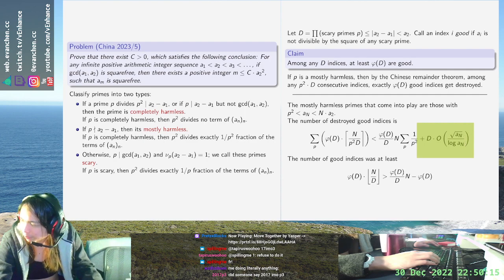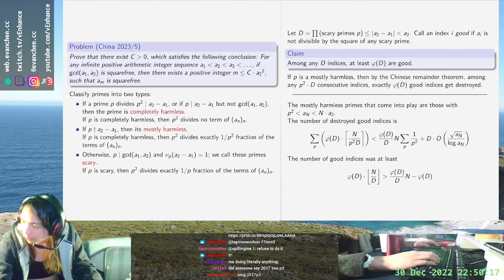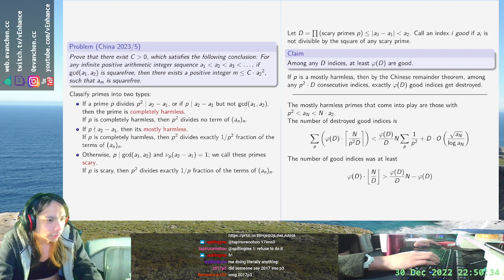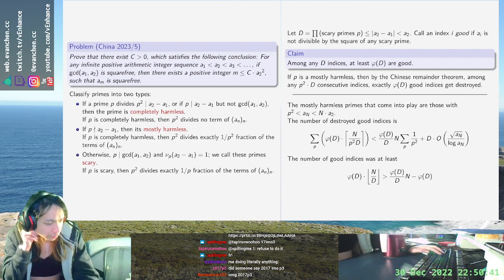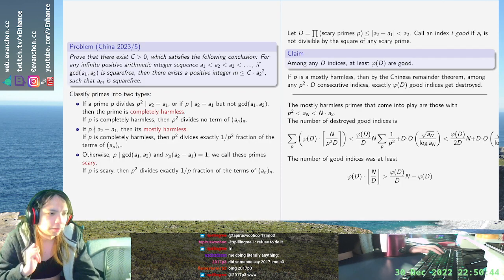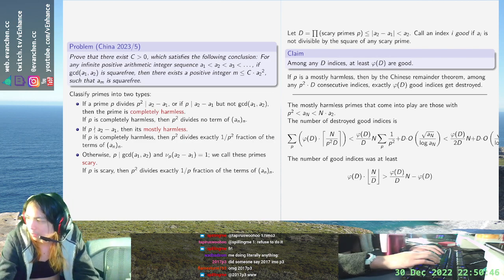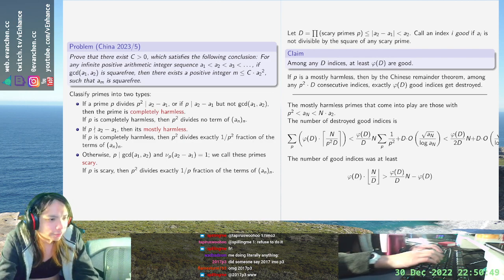Okay, so now this is the part where I get to use really bad bounds, right? So we're just going to bound this whole thing above by, I know this is at most 2, or at most 1/2. And then there's an error term of phi.